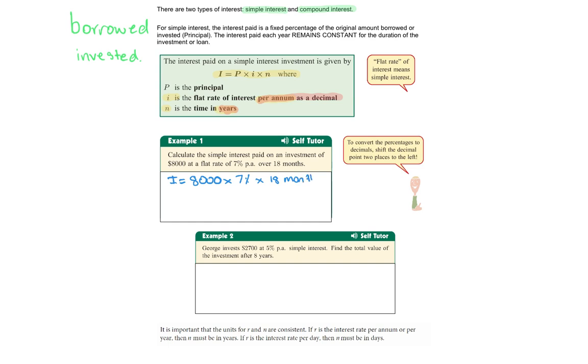We also need the 18 months in years. To get a decimal, we divide by 100. To get months into years, we divide by 12. And that's the amount of interest that's paid on that investment.